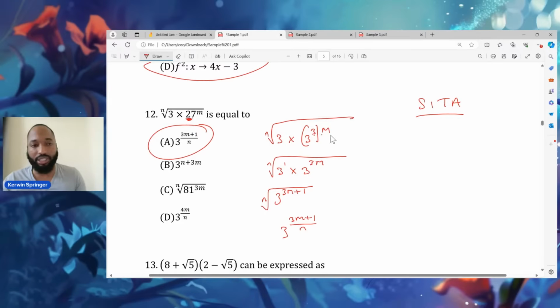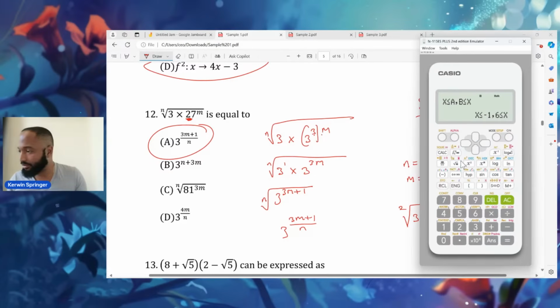So, like, you forgot how to do the indices, you forgot how to do powers. Pick a number for m and n, and pick numbers that are simple. So, like, pick numbers like n will be 2, let's say the square root, and m would be, let's say, 1. Now I have the square root of 3 times 27 to the power of 1. Work that out in your calculator.